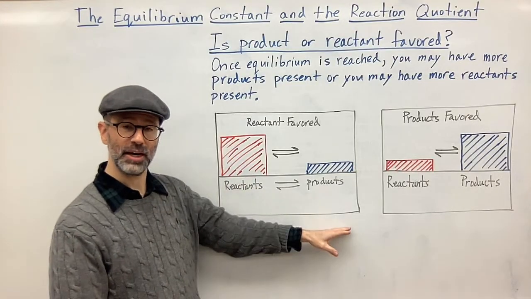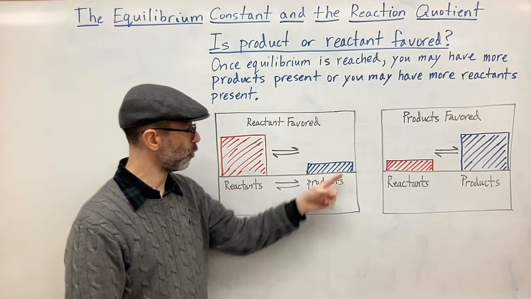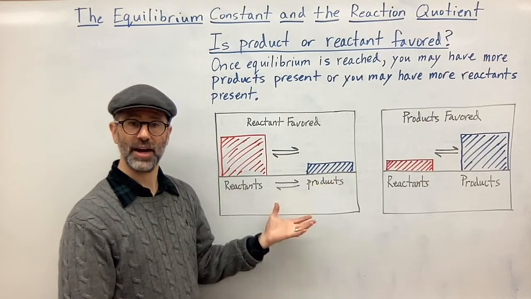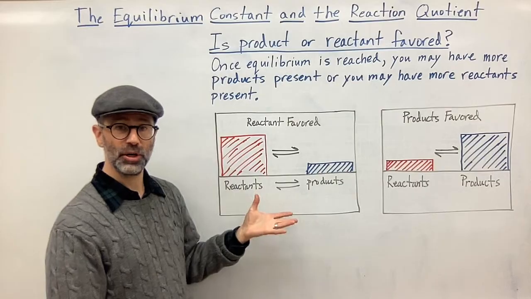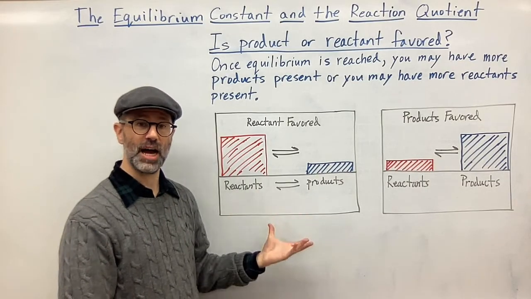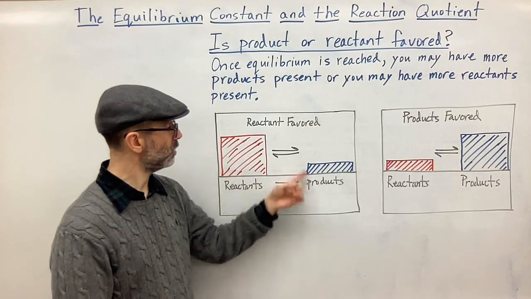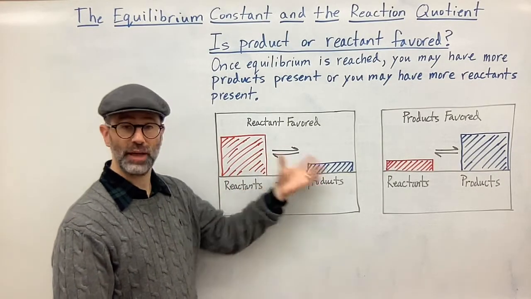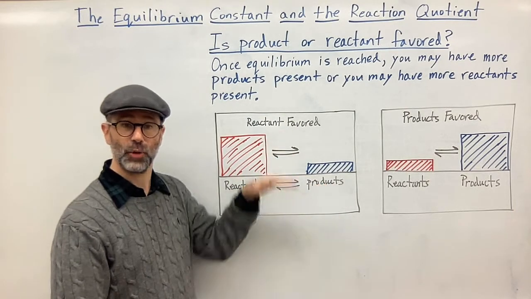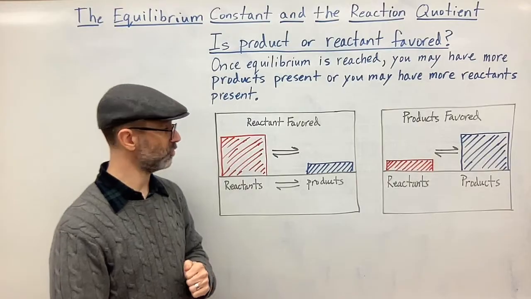So our denominator is going to be large, and our numerator is going to be small. In that case, your equilibrium constant is going to be small, because you have a large denominator and a small numerator, which makes the ratio small. So your equilibrium constant is small.